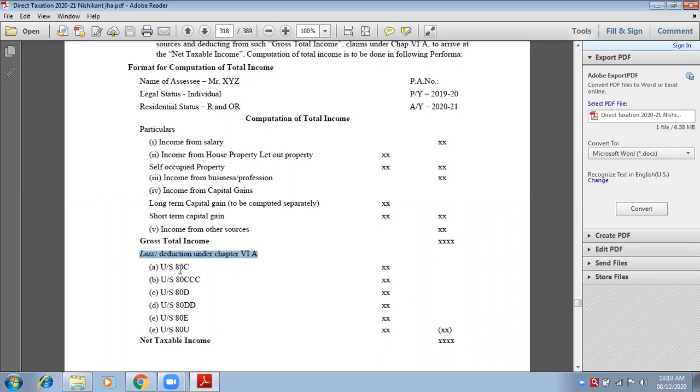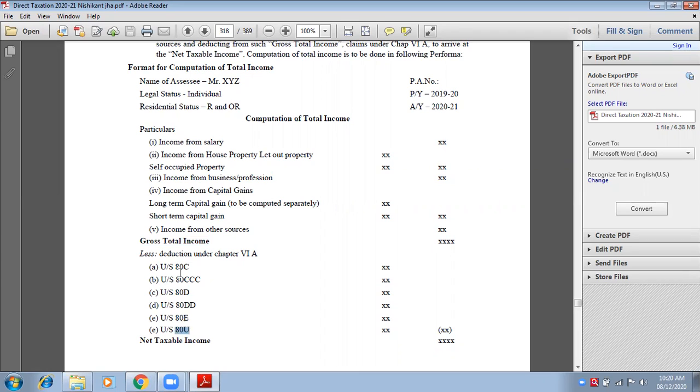It was section 80C, section 80CCC, section 80D, section 80DD, section 80U, and section 80E. So there are total 6 types of deductions that are in your syllabus. According to your syllabus, I am talking about.